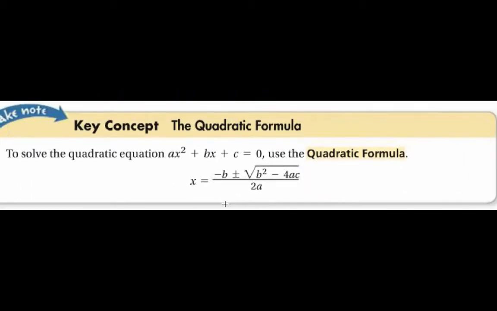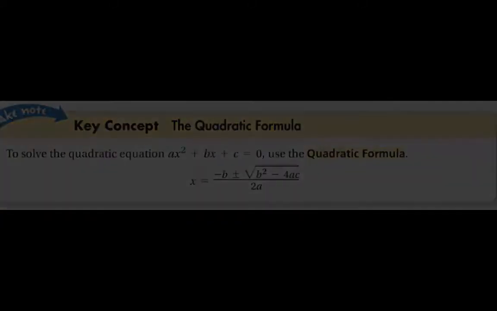That's all under the radical, and that whole expression is all over 2a. So we get our a, b, and c from our equation, substitute those values into the quadratic formula, and simplify to get our solutions.